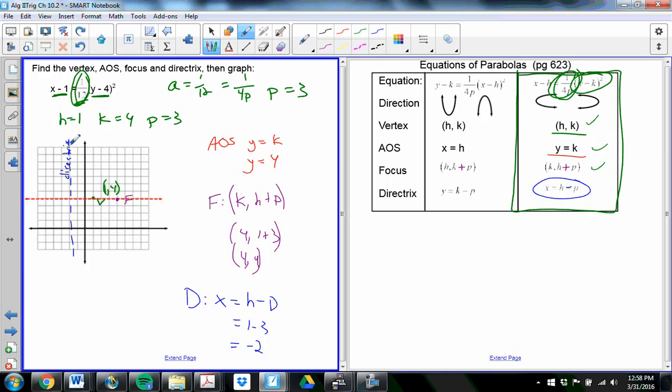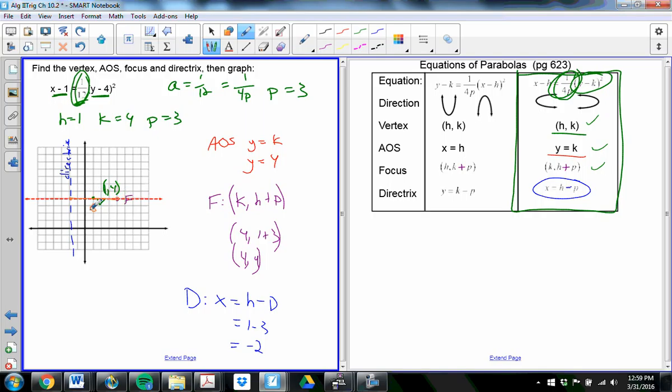And these four things, focus, vertex, directrix, AOS, frame the graph, but they don't really actually help me find points. I need to be able to find those things to make this graph, but I want to find more points to put on the parabola. And here's the best trick for doing this. Whatever the distance is from the directrix to the focus, that's a distance of 6.